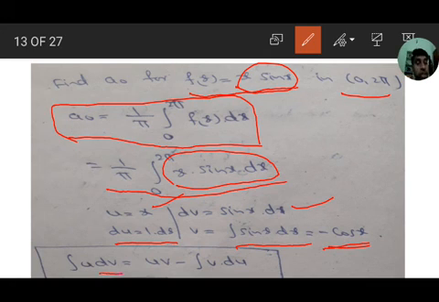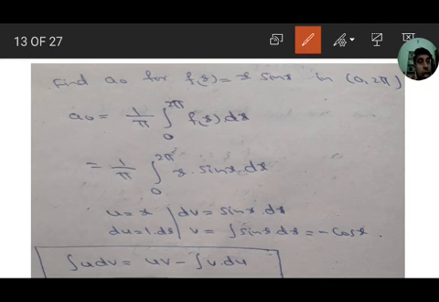The formula is integration of u dv equal to uv minus integration of v du. So here we got x into sin x integration, it is the u into dv method, integration by parts.